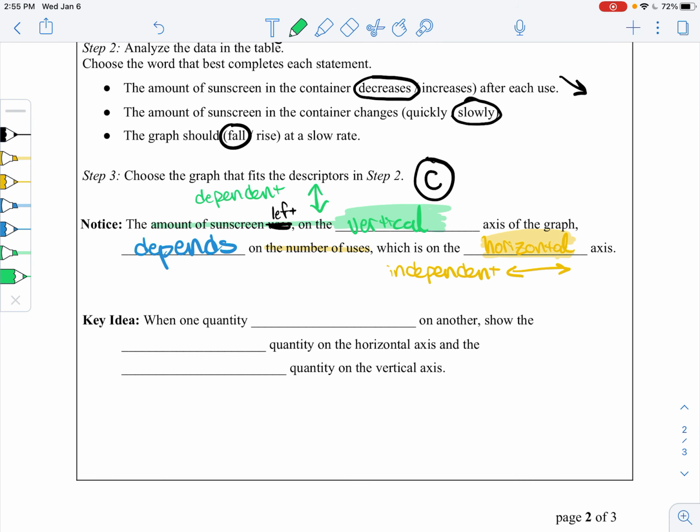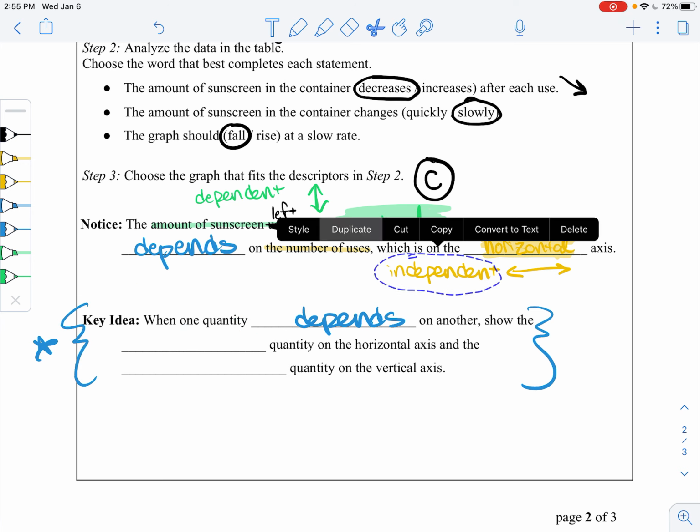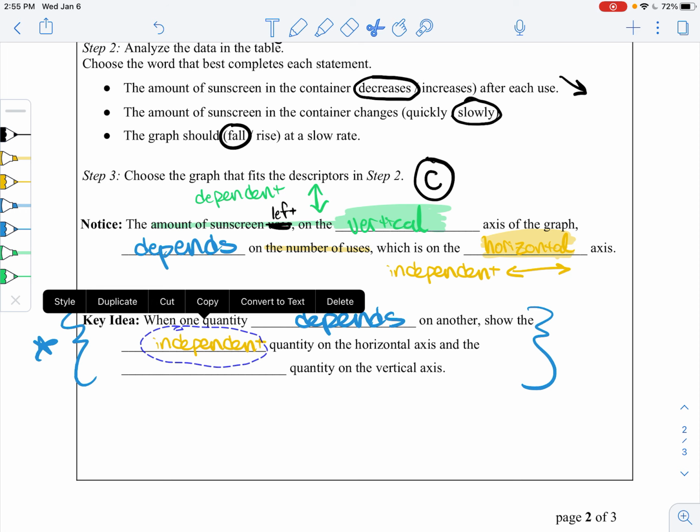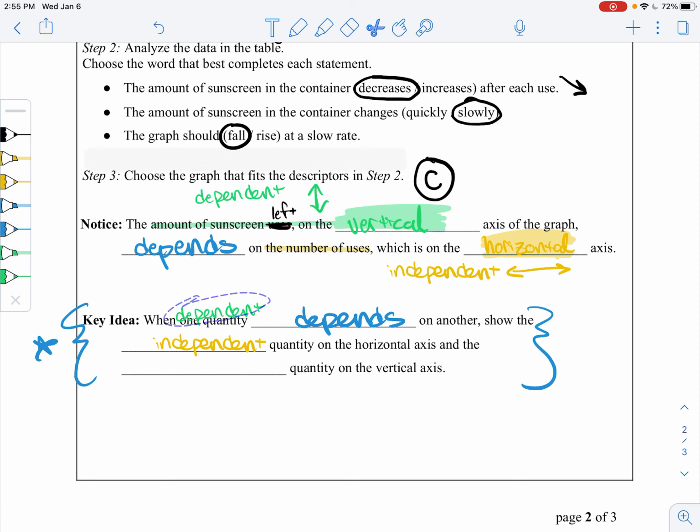So here's your key idea. This is what you're going to want to remember today. When one quantity depends on the other, put the independent variable on the horizontal axis and put the dependent variable on the vertical axis.